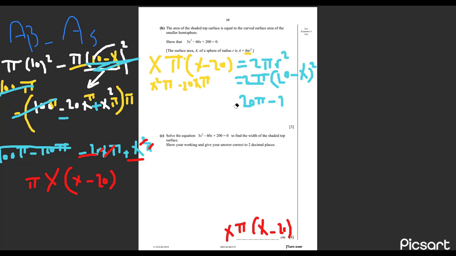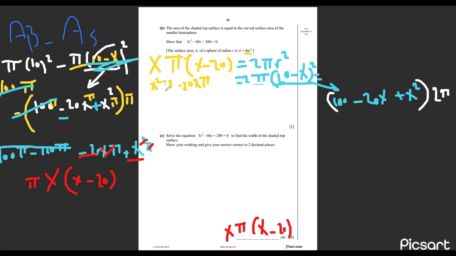Expanding the bracket, we have 100 minus 20x plus x squared, all multiplied by 2 pi.